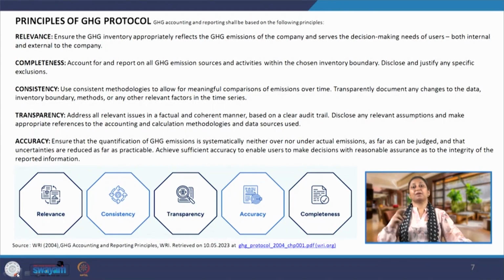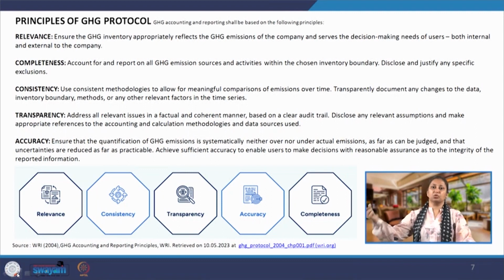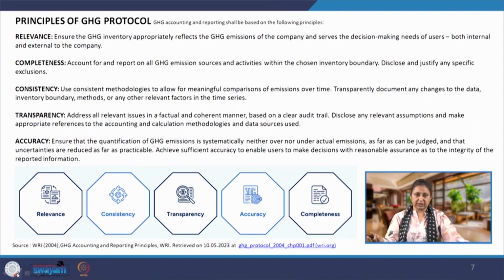For example, if I have a diesel generator set, a lot of Indian cities have this issue of power cut. So, to manage that, the companies often have their own DG sets, or if not DG, it is being replaced now, we have the generator sets.